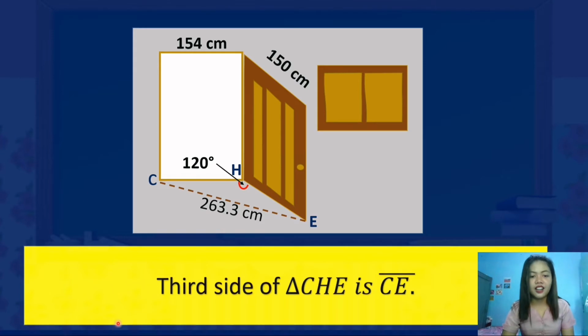So later, we will also identify the third side of the second triangle. So here, the widely open door and the door frame has its corners C and E. And connecting C and E formed the third side of the triangle, which is side CE.